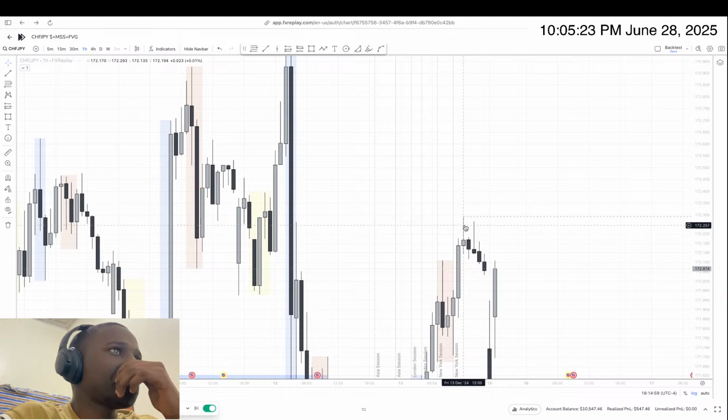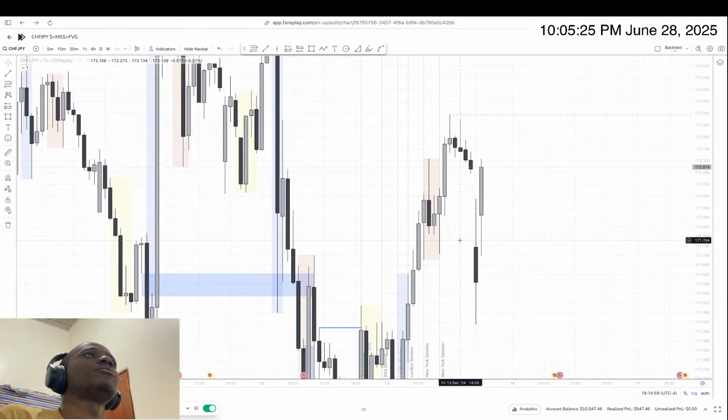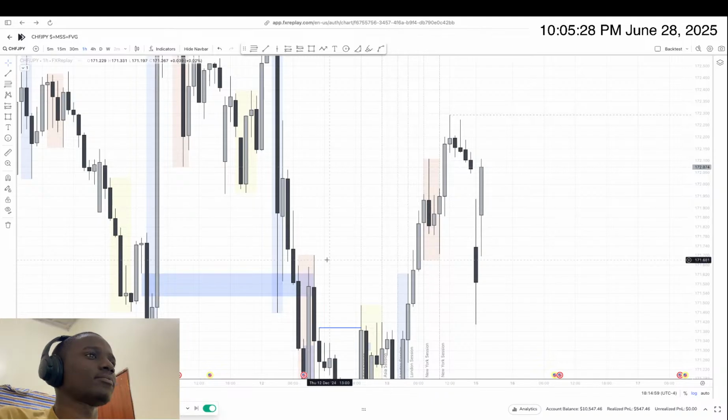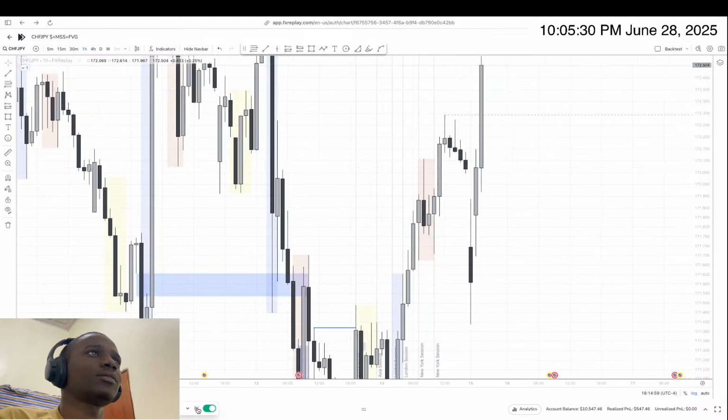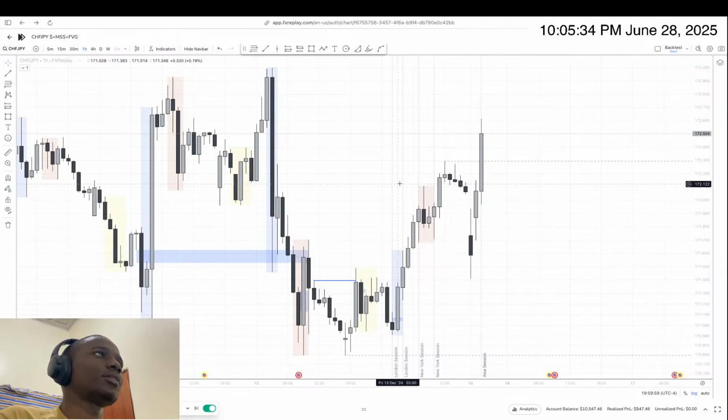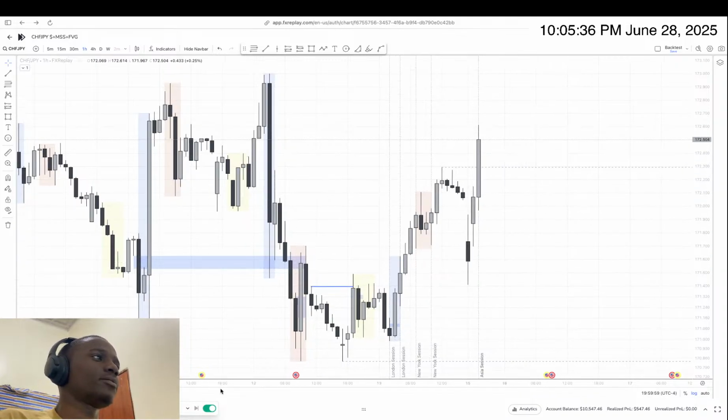Yep, by a small tick. And then we dropped on the next day. Actually it was the next week because you can see that we opened this weekly open. Now we're in the gap.